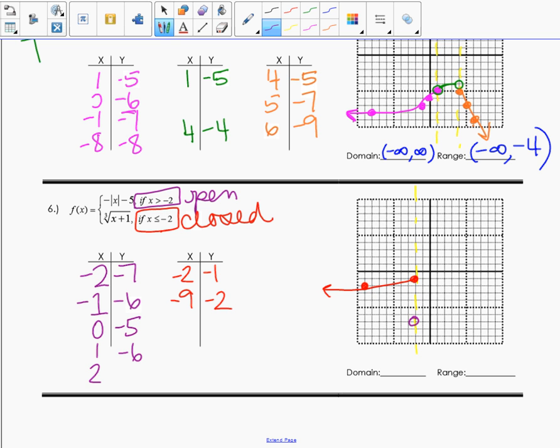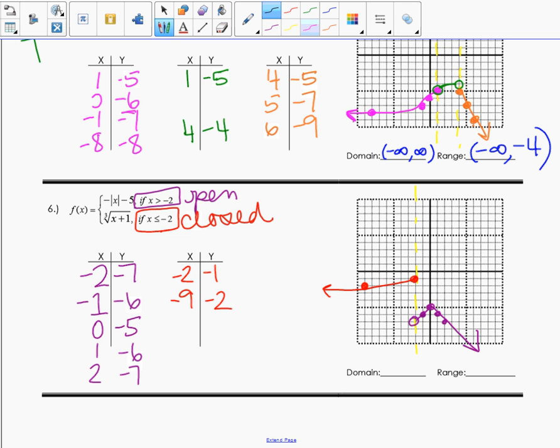And when x is 2, we're at negative 7. So we have repeating values for our y, so I'm guessing we hit our vertex because we have some symmetry there. So we're at negative 1, negative 6, 0, negative 5, 1, negative 6, and 2, negative 7. And you can tell by plotting your points you did hit that vertex point and you have a good graph.